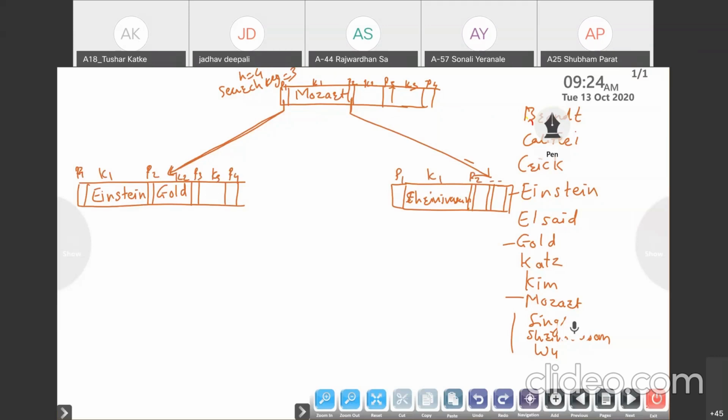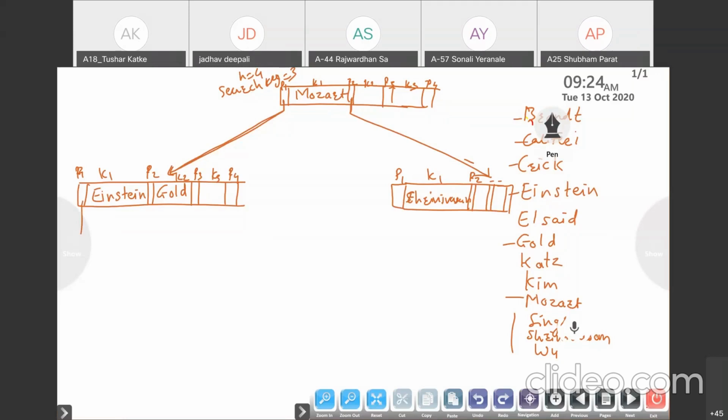So now we can move towards the leaf node. This pointer P1 points to the search key values which are less than Einstein. Less than Einstein, how many are there? There are 3: Brandon, Calipari and Crick.